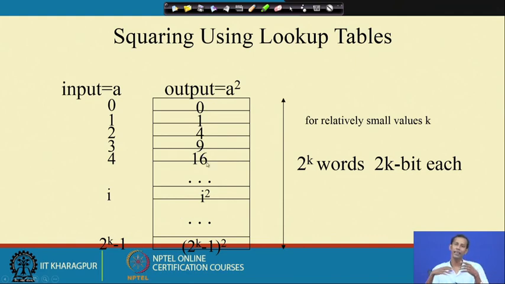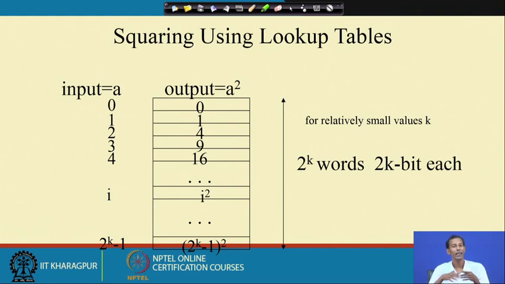We do not need any extra computation, so the complexity of the circuit will be reduced, because it is just stored. I fetch the data from the memory only. Suppose the input is 3, automatically 9 will be retrieved from the memory. So complexity wise it is much simpler compared to the previous circuit.